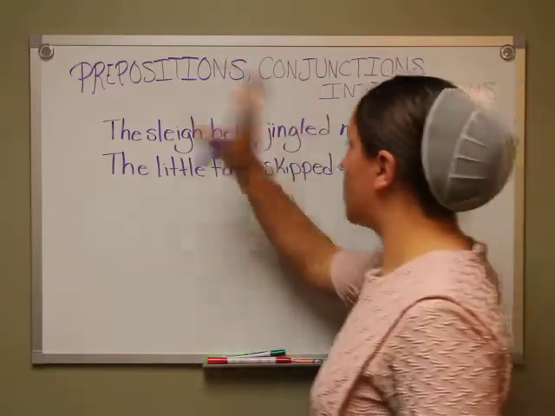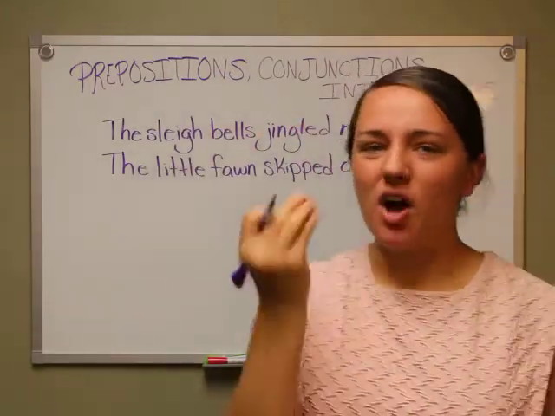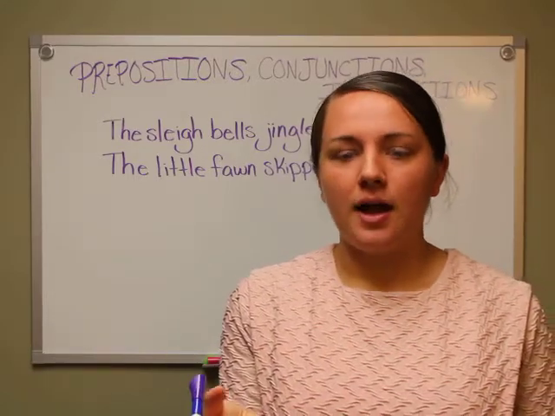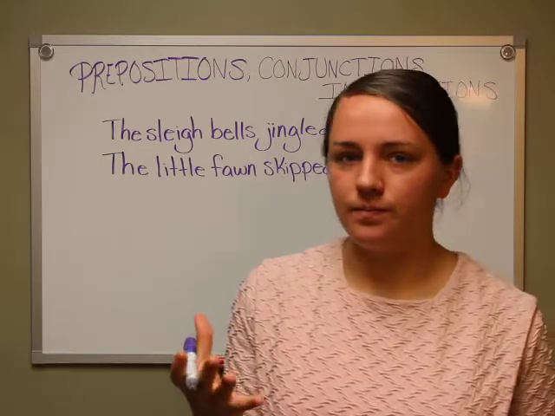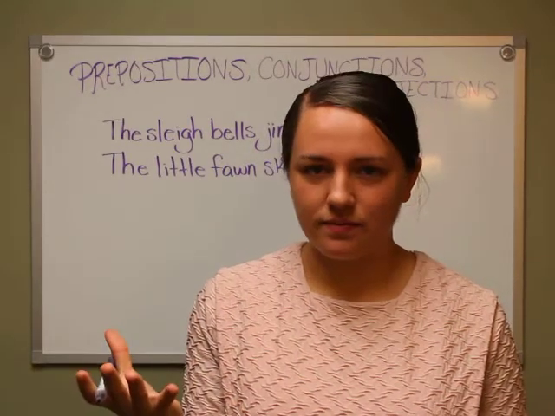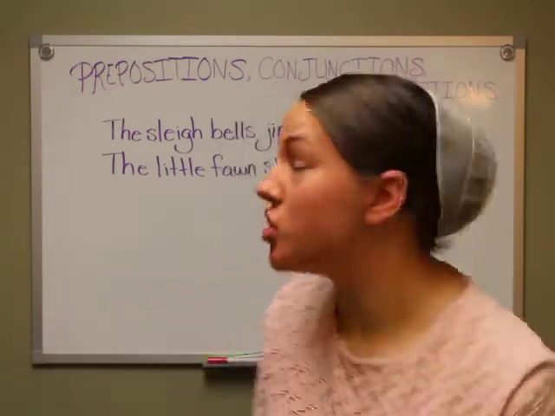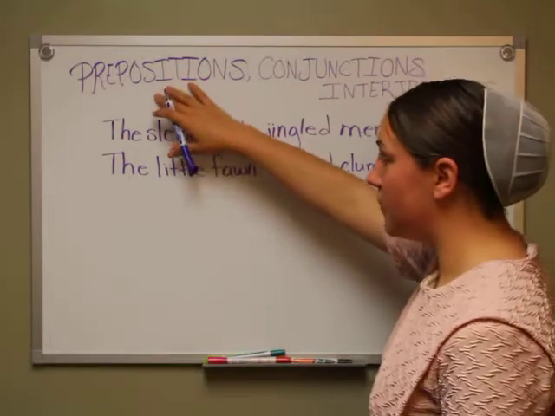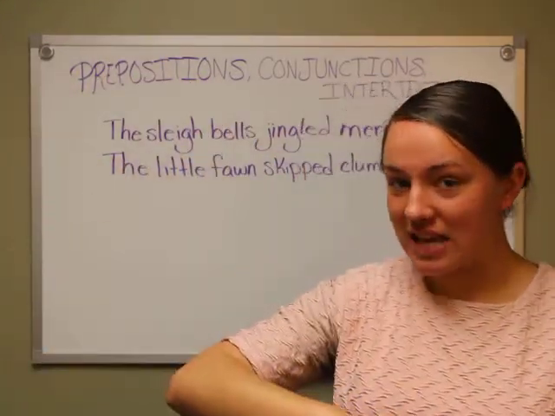First of all, we're going to go over prepositions, conjunctions, and interjections. Now, what are each of them? First of all, what is a preposition? What is it? A preposition is a word that shows relationship between a noun or pronoun after it and some other word in the sentence.